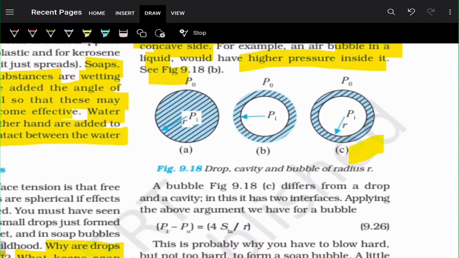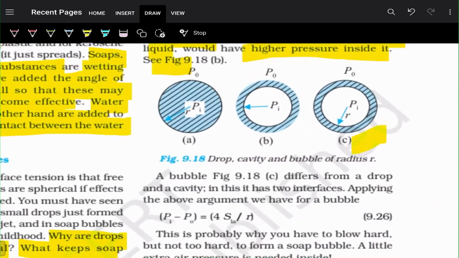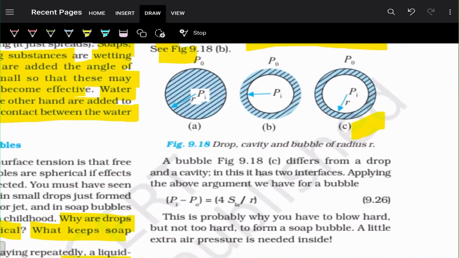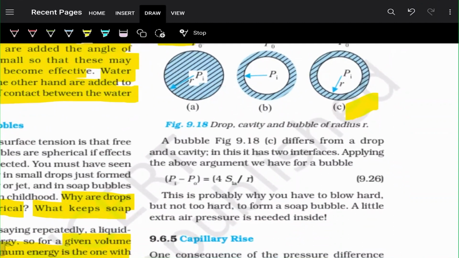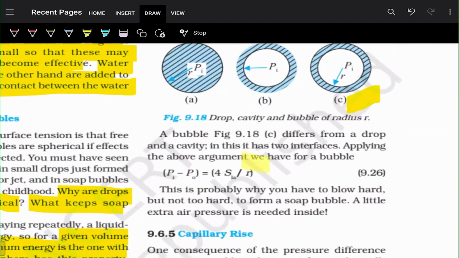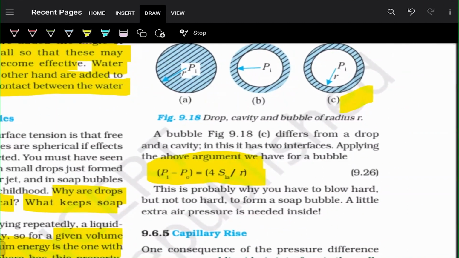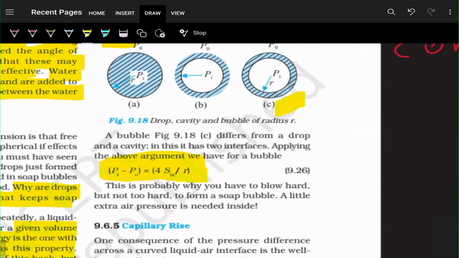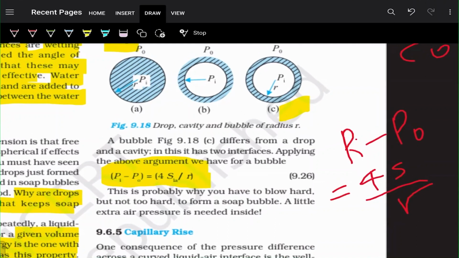In this it has two interfaces, the inner and outer interface. So applying the above argument, what do we get? Pressure inside minus pressure outside is 4 times surface tension divided by r. In the case of a bubble, excess pressure, that is, P inside minus P outside, is 4 times surface tension divided by radius r. In the case of a drop it was 2 times.